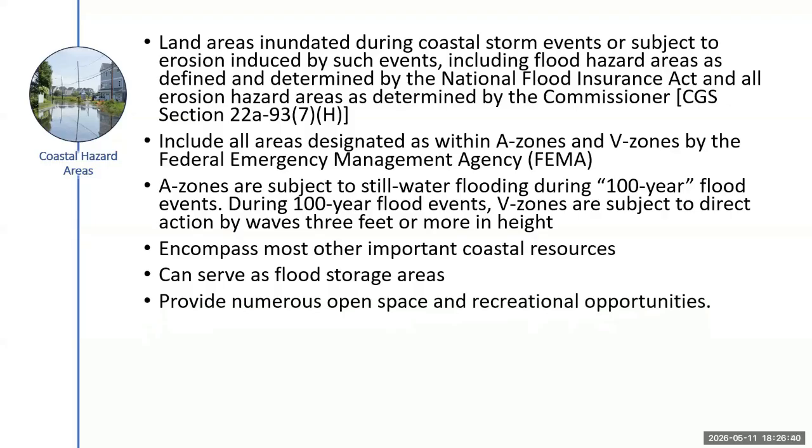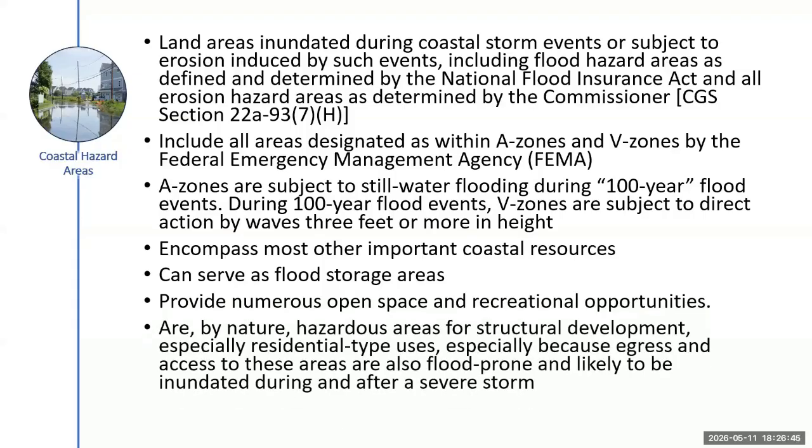And they provide a lot of open space and recreational opportunities. By their nature, they are hazardous areas for structures, especially residential uses, because getting in and out of them can be very difficult, in part because the roadways that would lead to them are flood prone and likely to be underwater during and after a severe storm.